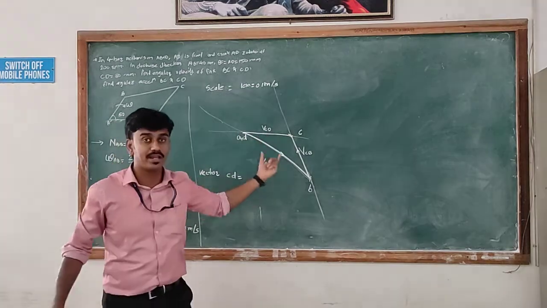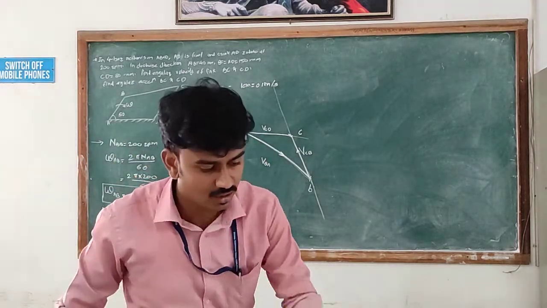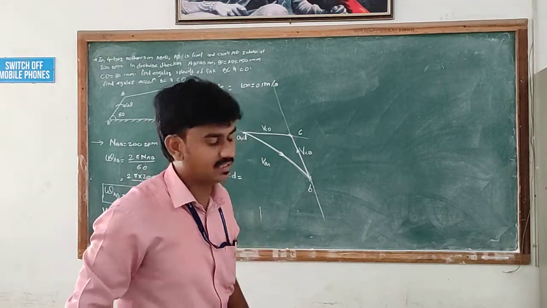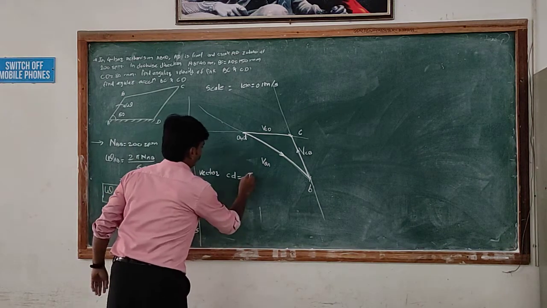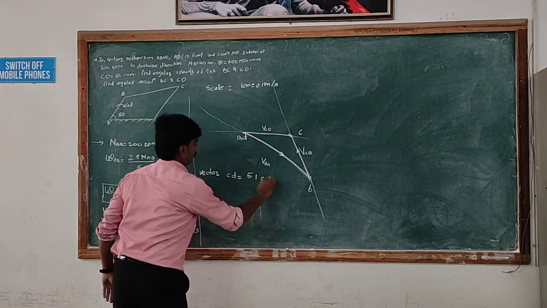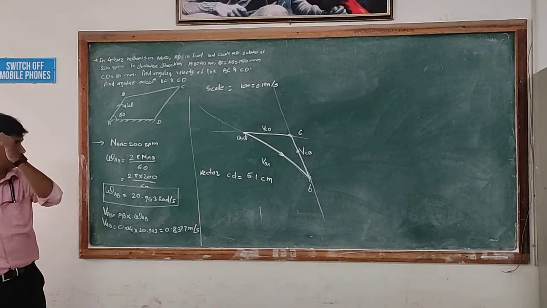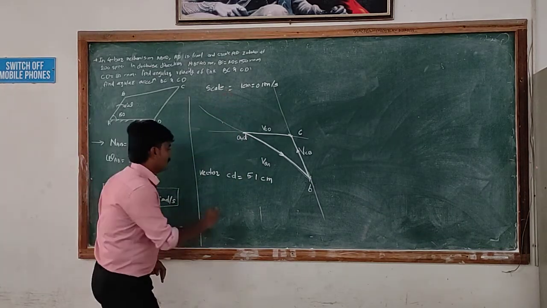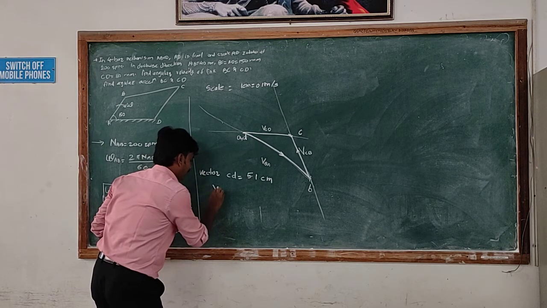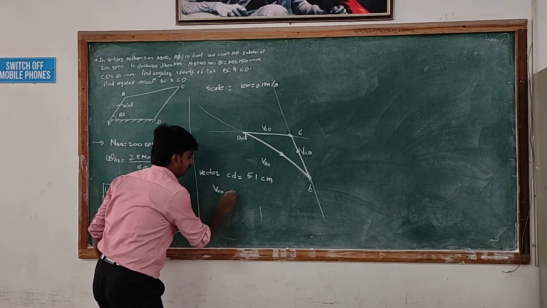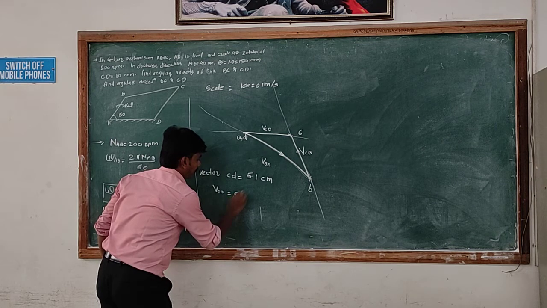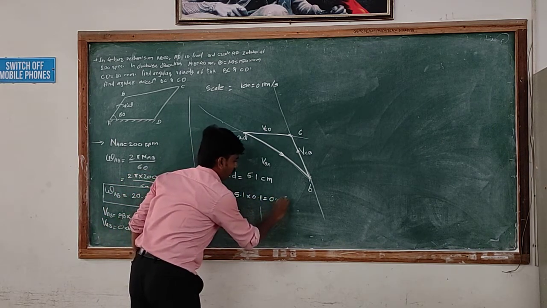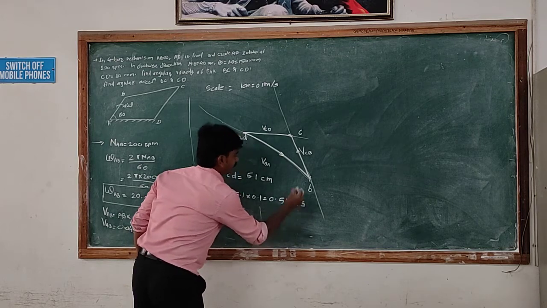If we measure this by using a scale, we will get the value of the vector CD is equal to 5.1 centimeter, and if we multiply this by this scale, we will get velocity of this link CD is equal to 5.1 into 0.1, that is equal to 0.51 meter per second.